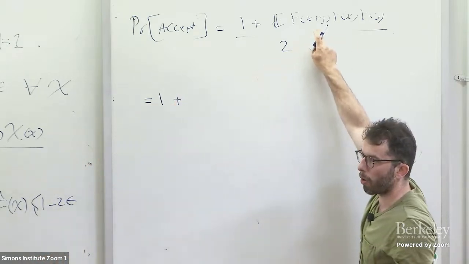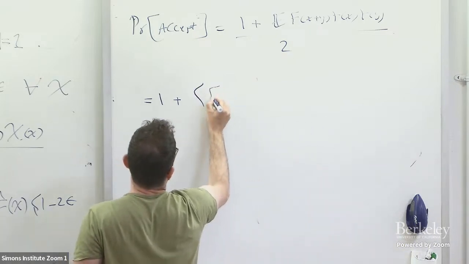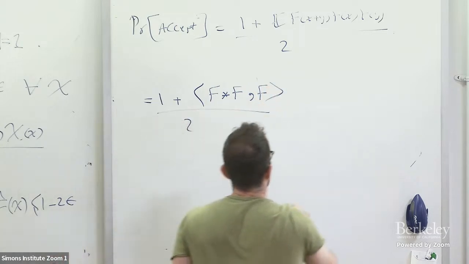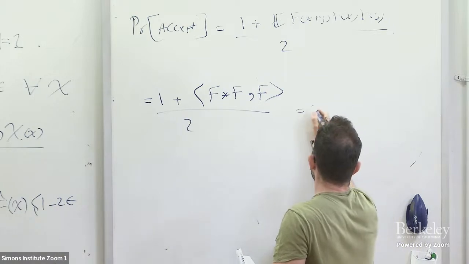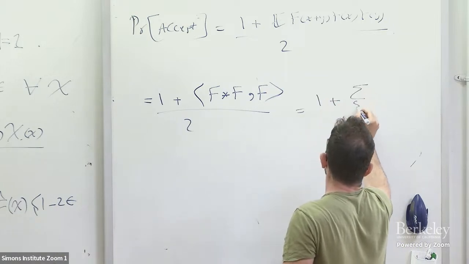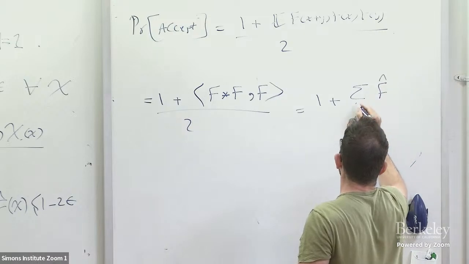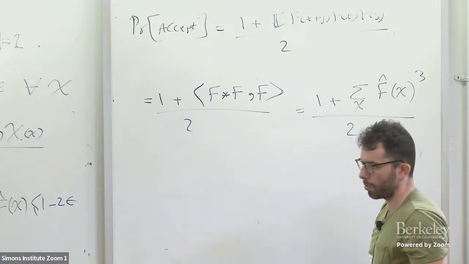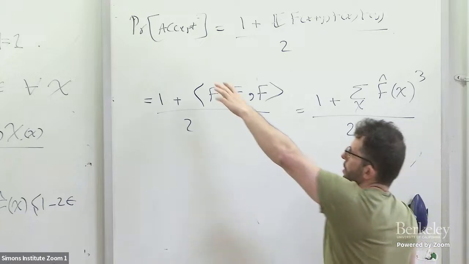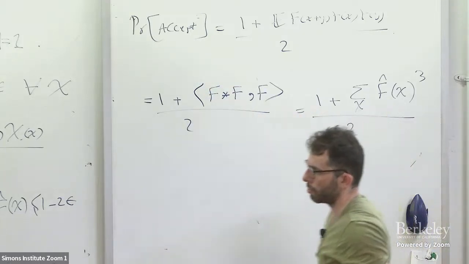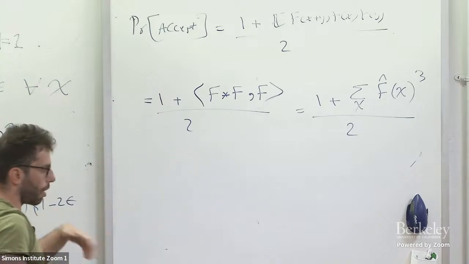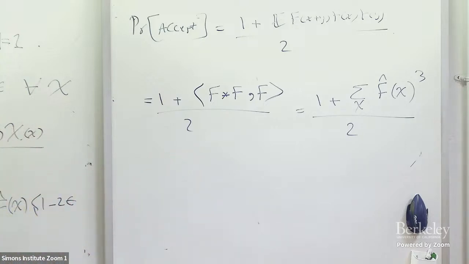Plus and minus are the same over Z2 to the n, so I can write that as f convolved with f, multiplied by f, divided by 2. So the probability of accept has a nice formula with respect to Fourier coefficients. I can just read it off from the Fourier coefficients. And in this case, that's not too close to 1, so I have some positive chance of detecting this.